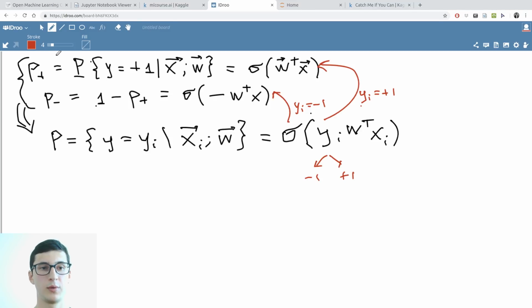So what we actually derived is the probability of observing a label yi for an instance xi. We have an instance xi, a vector of features, and logistic regression models the probability of having label yi for this object.